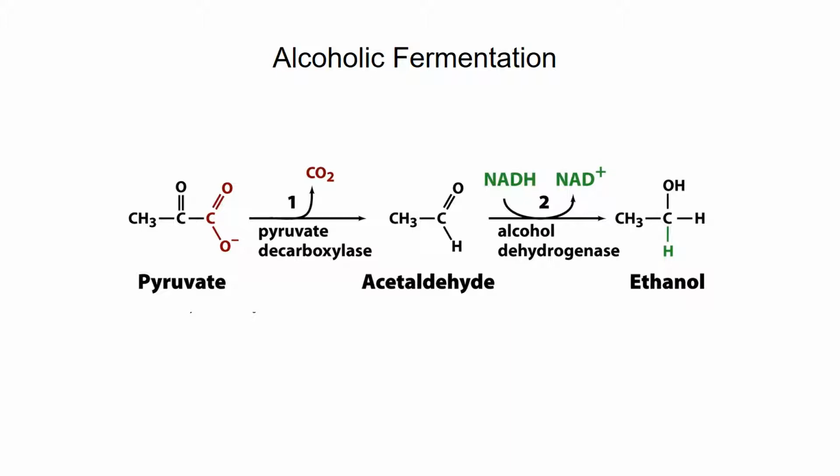Here we have NADH, that high energy molecule that carries 2 electrons. So this process is going to be a reduction of acetaldehyde to ethanol. NADH is going to lose 2 electrons. It converts back to NAD+.